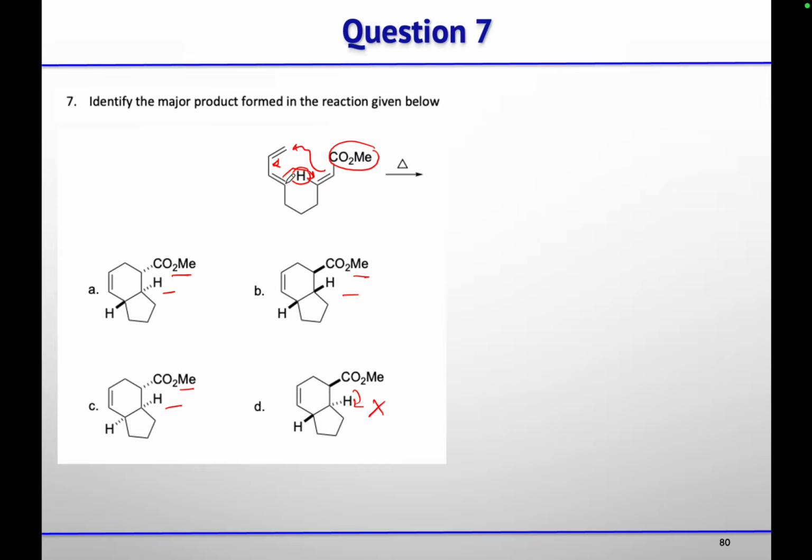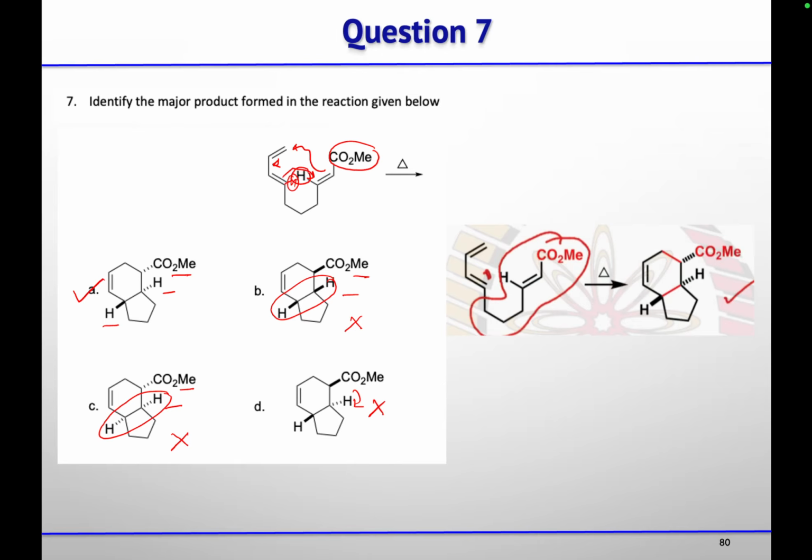Then if you see this methyl, this hydrogen and this hydrogen, these two should be trans with respect to each other. So here they are trans, here they are cis, so this can't be the product. Here also they are cis, this can't be the product. So the correct option is option A. So this is the product for the intramolecular Diels-Alder reaction. This is the example of intramolecular Diels-Alder reaction type 1.